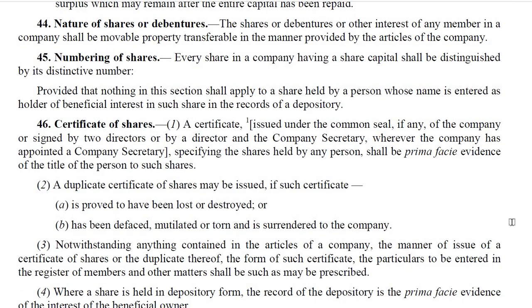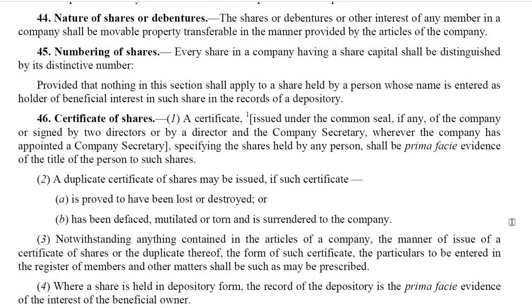Nature of shares or debentures. The shares or debentures or other interest of any member in a company shall be movable property, transferable in the manner provided by the articles of the company. Numbering of shares.